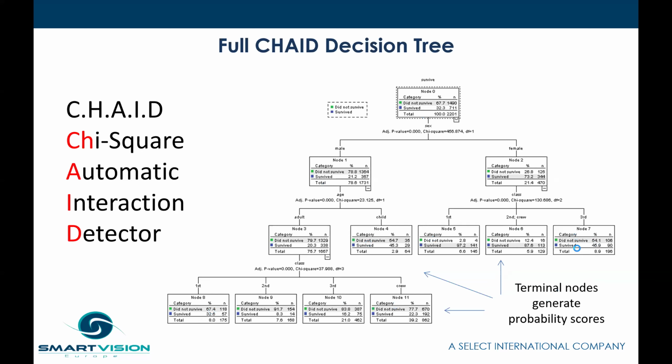That means there's 8 probability values, and the probability values are simply your chance of survival, whether it be 8% or 97%. And it's going to generate for the entire data set of 2,201 passengers 8 different probability values telling you your likelihood of survival. This particular type of tree is driven by chi-square, and it's called the chi-square automatic interaction detector, or a CHAID tree.